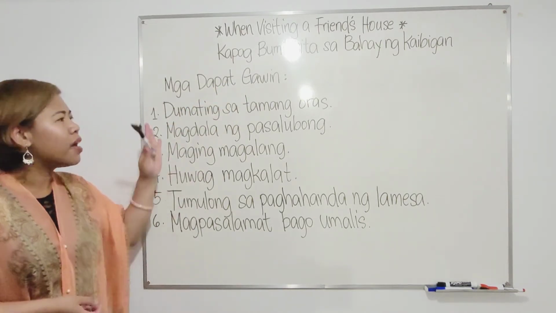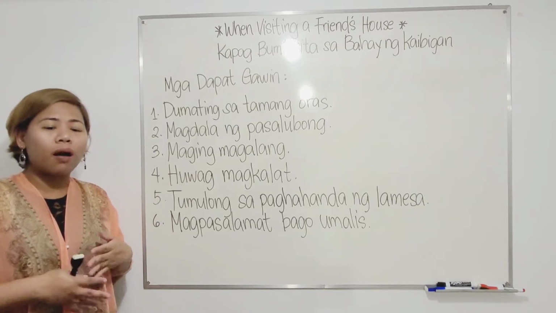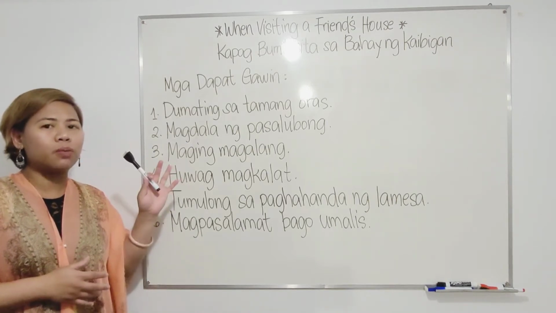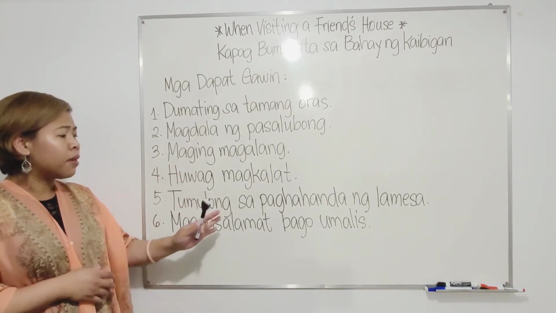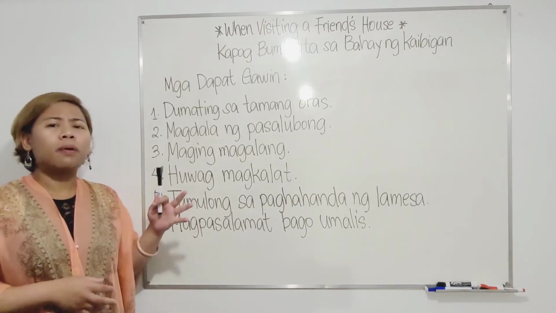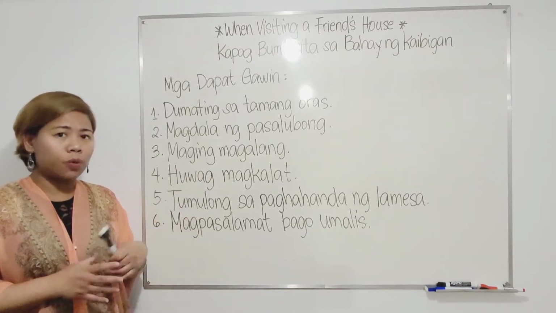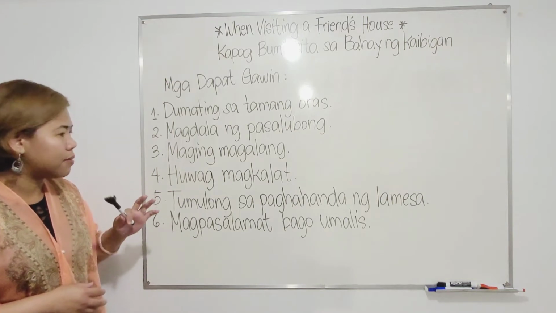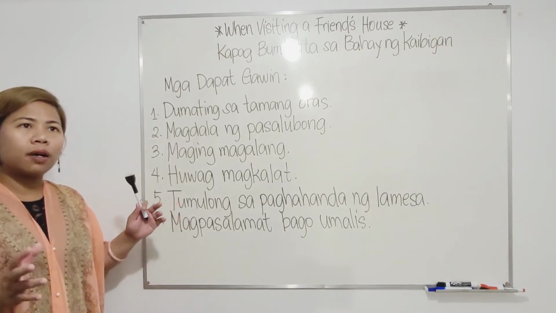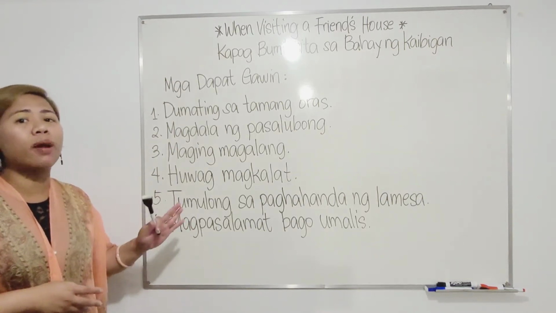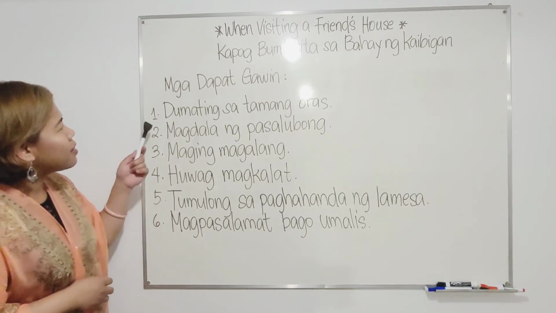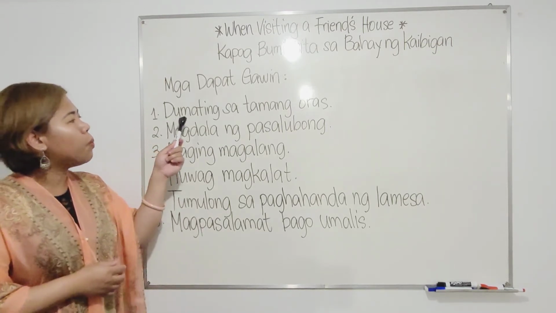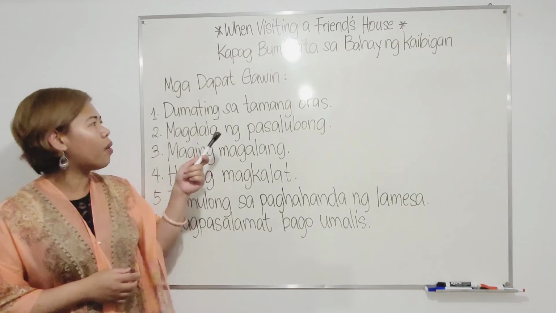Number 1. I hope by this time you are very good in reading Filipino words or sentences already because from the past lesson, we've been practicing reading long sentences and we even read one paragraph, right? So this one, number 1, dumating sa tamang oras.